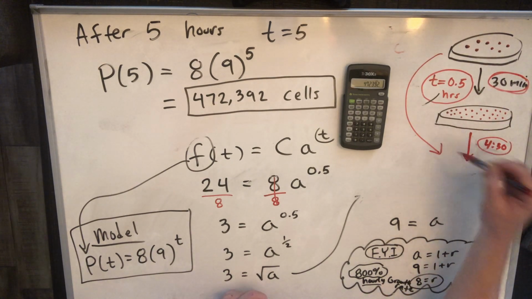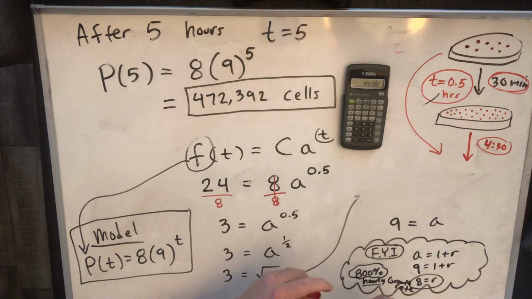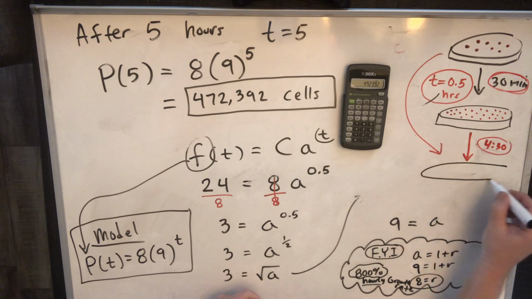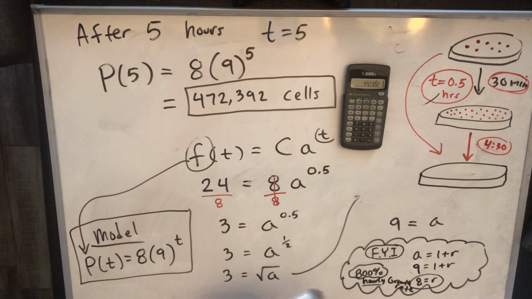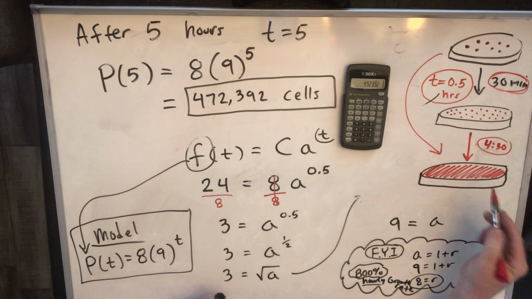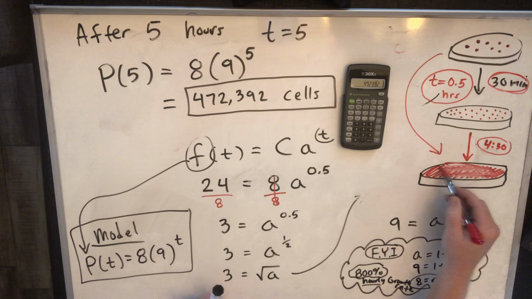So the total is 5 hours. This is what our Petri dish would look like. I know, this is just silly now, but what the heck. You come back 5 hours later and the whole tray is just full of bacteria everywhere.